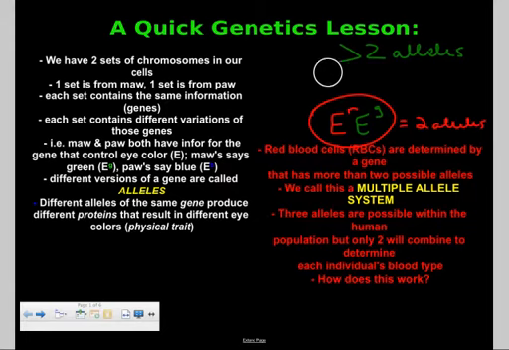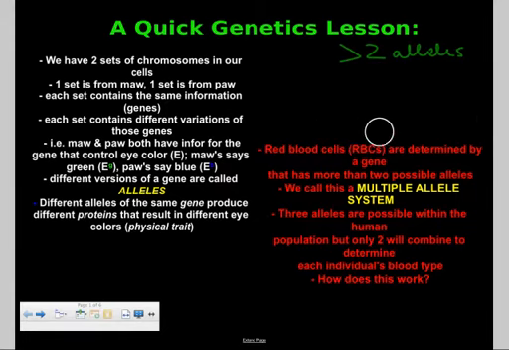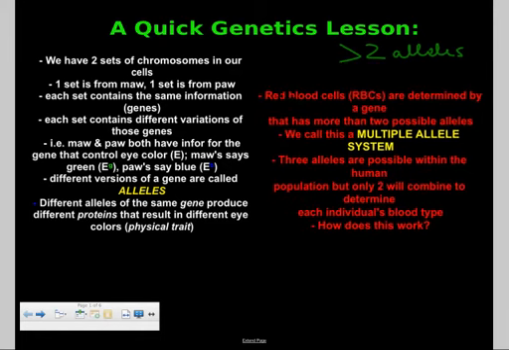So multiple allele system just means that there are more than two alleles possible. But we can only ever inherit any two of those alleles at any given time because we are diploid and we have two parents. So multiple allele system, this happens a lot. We can get a lot of different possible alleles within our population, but only two can combine to determine that physical trait of our blood.